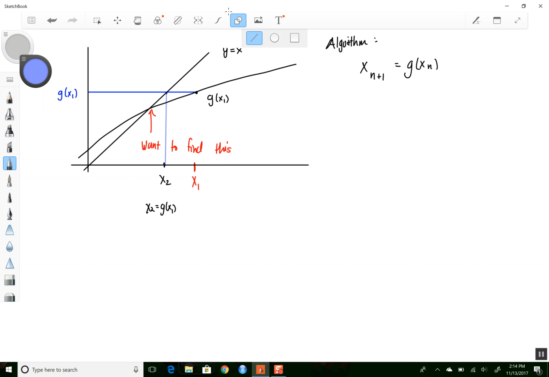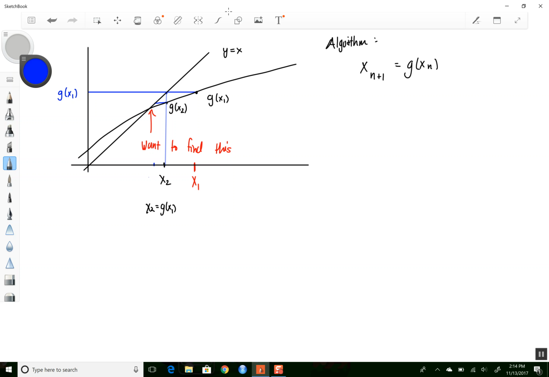So that's x2, and now that I've plugged that in, this gives me g at x2, and cutting over to over here, right there, and finding out this takes me down to here.